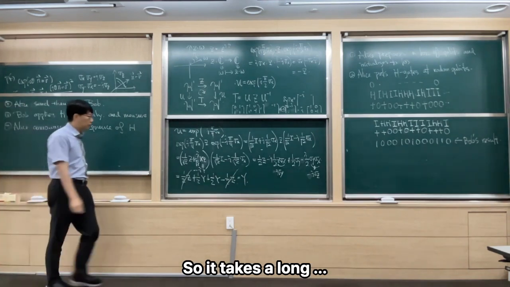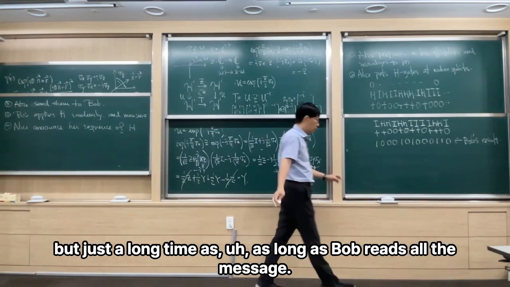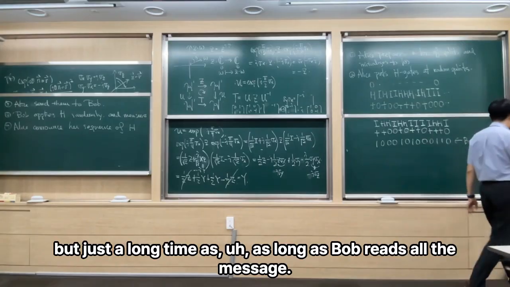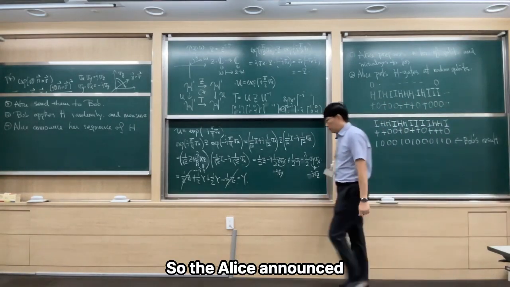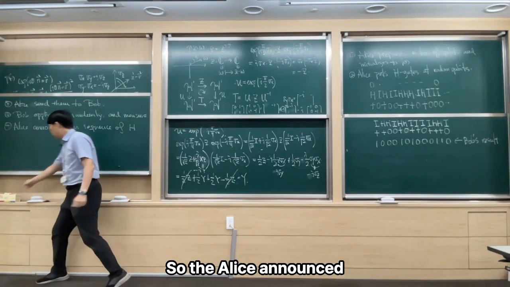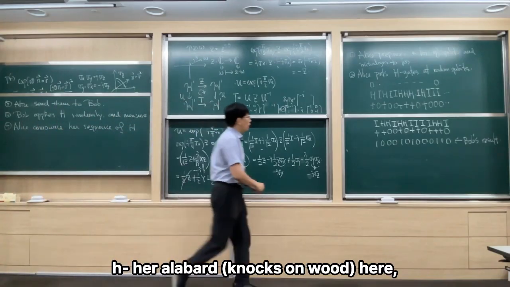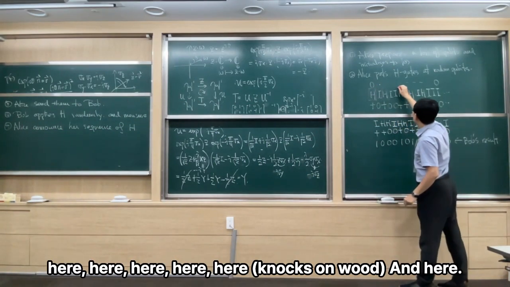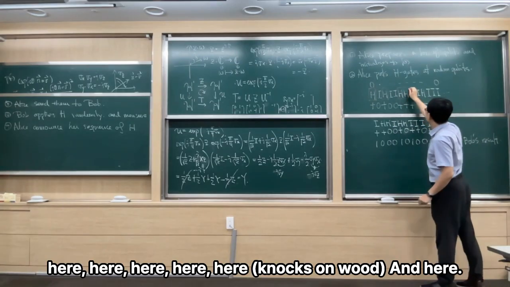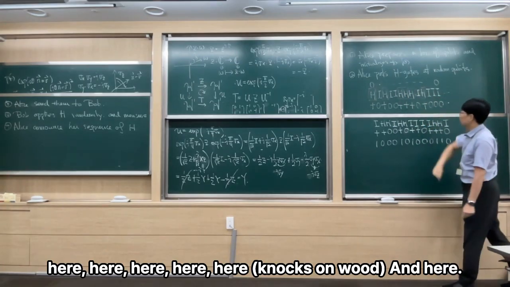So it takes a long time, I mean, not that long, but as long as Bob reads all the messages. So Alice announced her Hadamard here, here, here, here, here, and here.